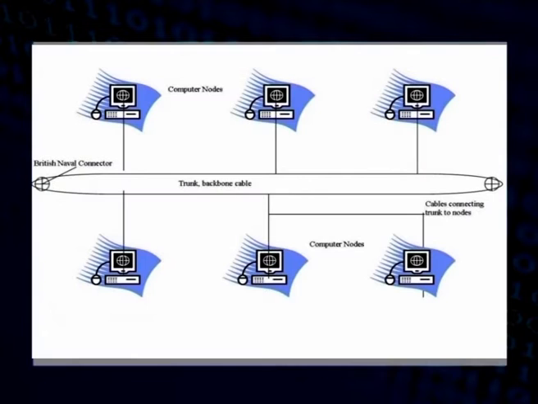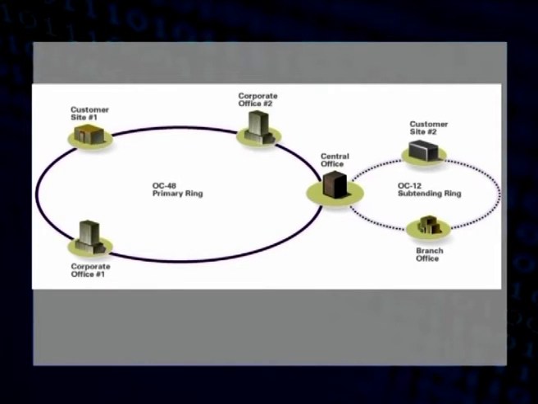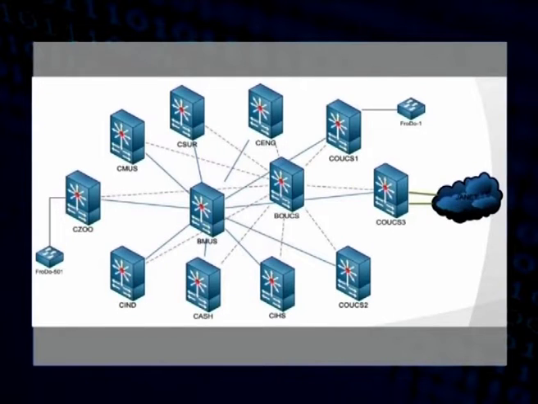The most common LAN topologies are bus, ring, and star. Early LANs had data rates in the range of 4 to 16 megabits per second. Today, however, speeds are normally 100 or 1000 megabits per second.